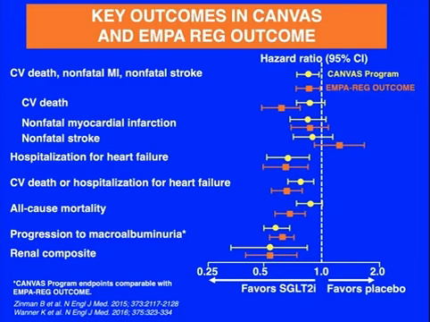Let's go down to the next line, myocardial infarction. You can see the yellow dot and the orange dot are basically superimposed upon themselves. So both empagliflozin and canagliflozin decrease myocardial infarction to the same extent. If you go down to the next line, this is non-fatal stroke.